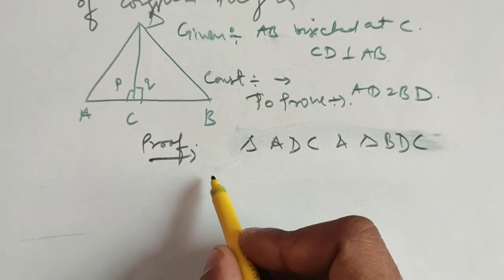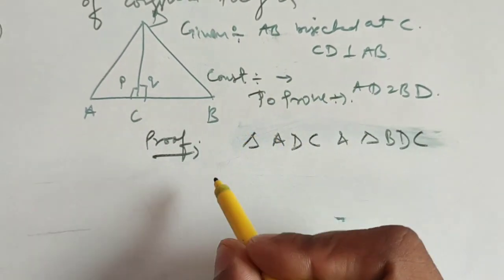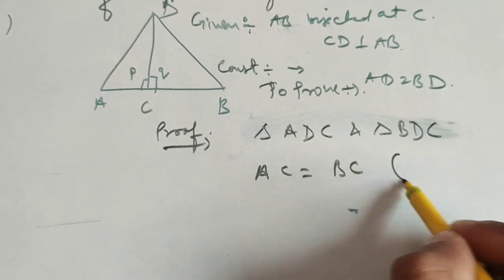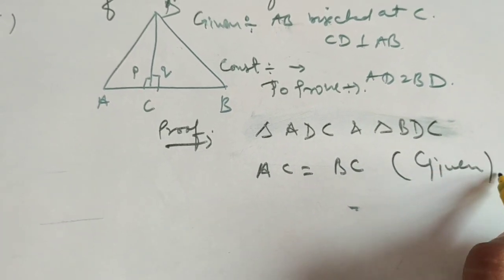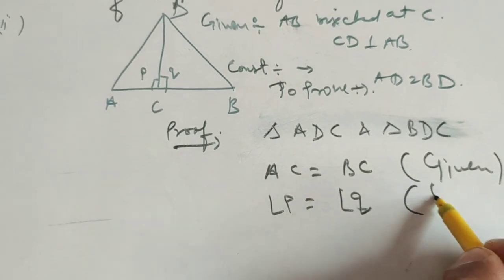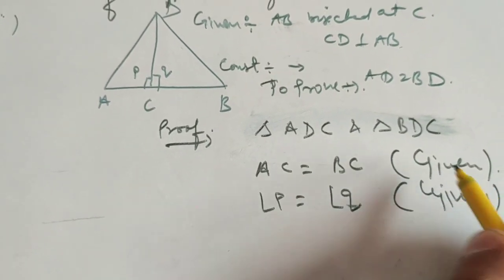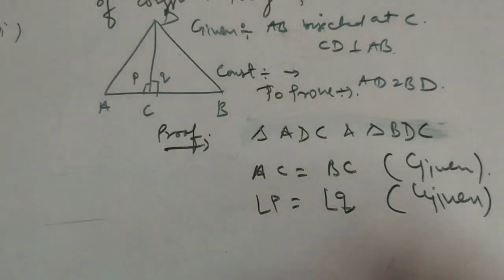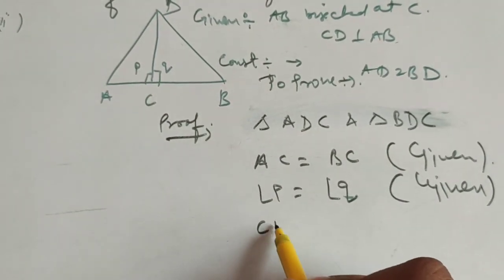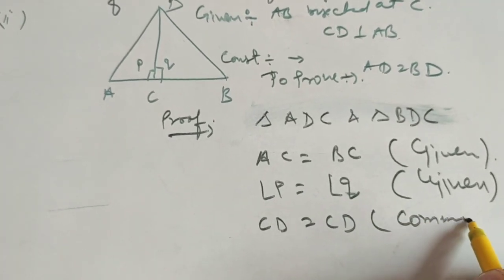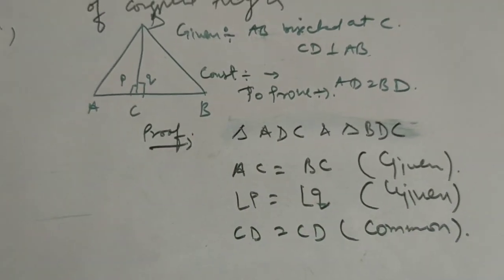So first we know that AB is bisected at C, so we will write down AC is equal to BC. This part is given. Also angle P is equal to angle Q because this part is also given, that CD is perpendicular to AB. Now we can also see that CD is common to both the triangles.